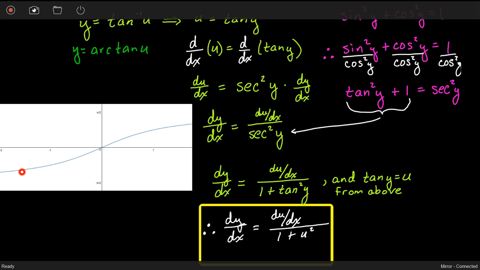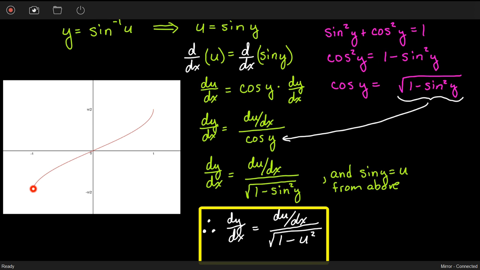Over here what we have is your graph of your tangent inverse function. And over here, this is our graph of our sine inverse function between -1 and +1. And we derived the formula in a very similar fashion.